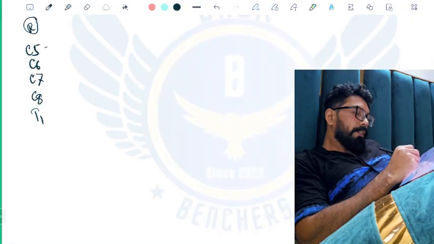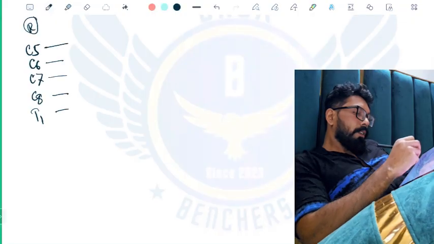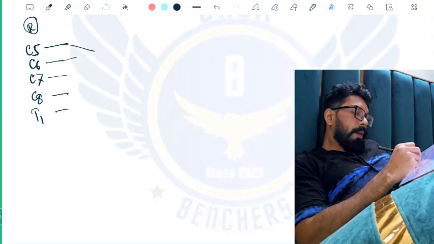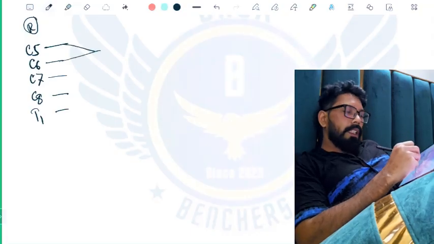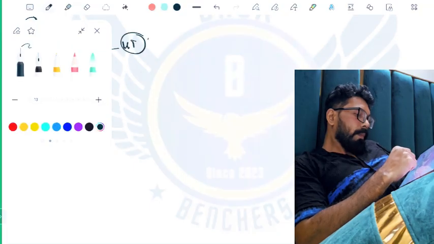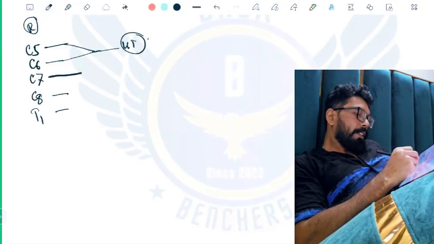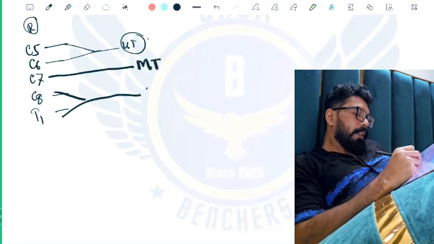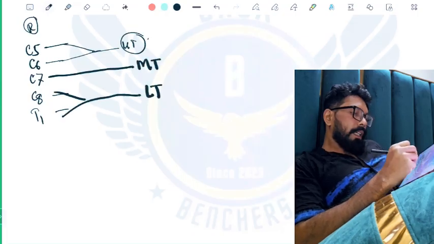The upper two, C5 and C6, will make the upper trunk. C7 will make the middle trunk and the lower two will make the lower trunk.